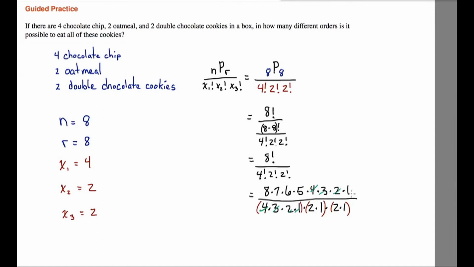There is a way to use the calculator for the factorials, but if you can do it by hand, the better. So I get 2 times 7 times 6 times 5. 840 different permutations. And that's it.